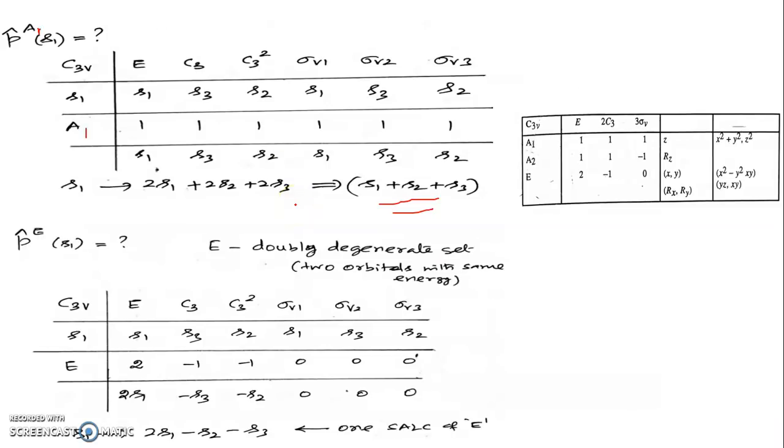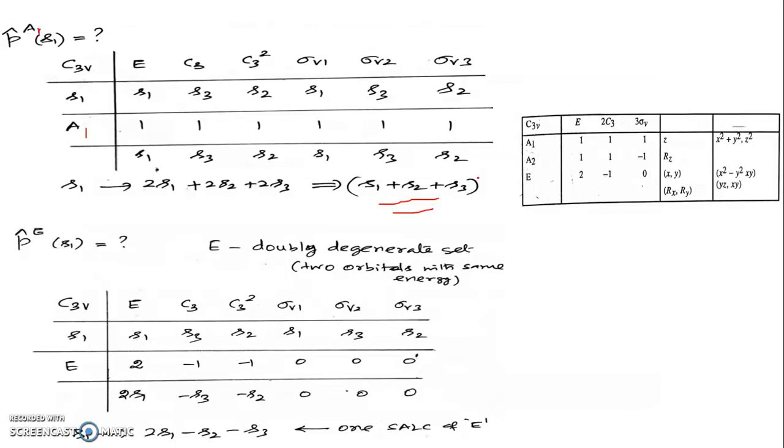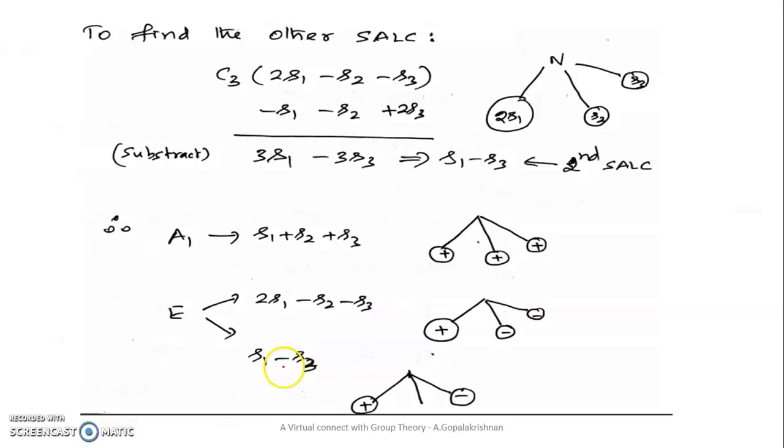To find the other SALC, you just carry out a rotation operation on this function. So I am carrying out the C3 rotation on this function. If you do C3 rotation, what will happen? This is 2s1. Listen, 2s1 means the size of that s1 orbital is larger. And this is s2 and this is s3. If you carry out 120 degree rotation, 2s1 will go to the s3 place.